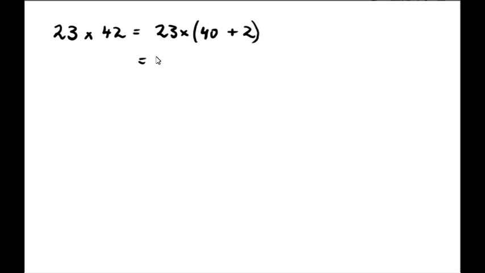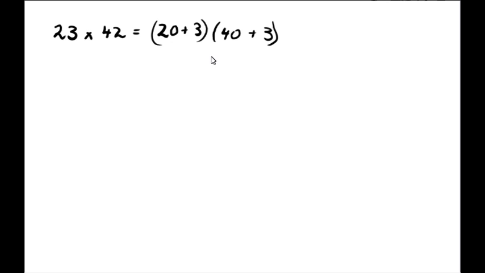However, you probably don't really know what 23 times 40 is quite quickly. Fortunately, there is a solution to working this out, and that's by splitting up the 23 as well. And this time we get two sets of brackets.